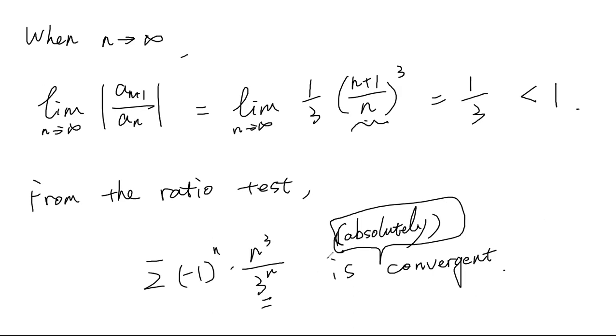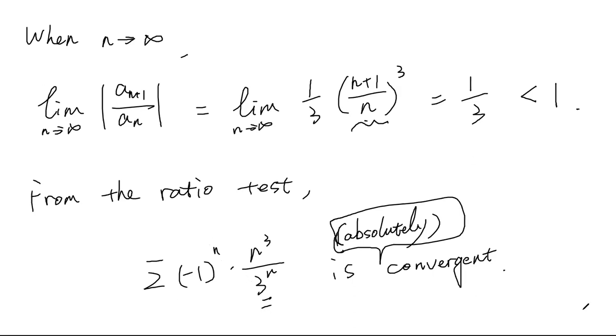Did you try using the alternating series test on this one first, or was that not possible for some reason? I think the alternating series test should still work for this one, but it's much more complicated.